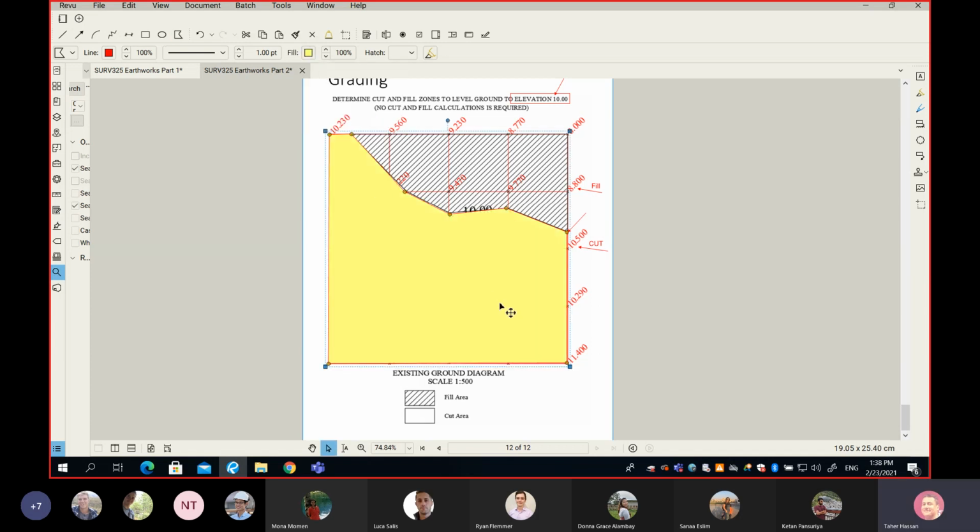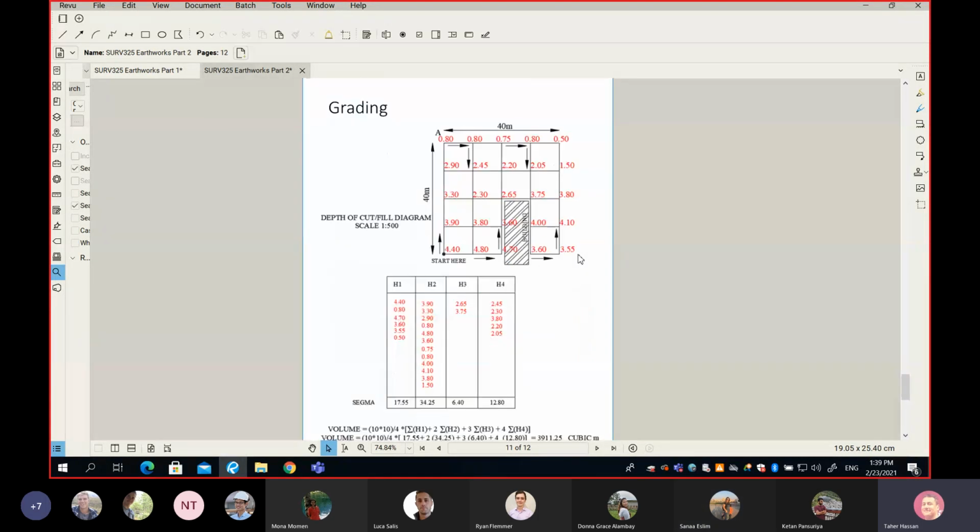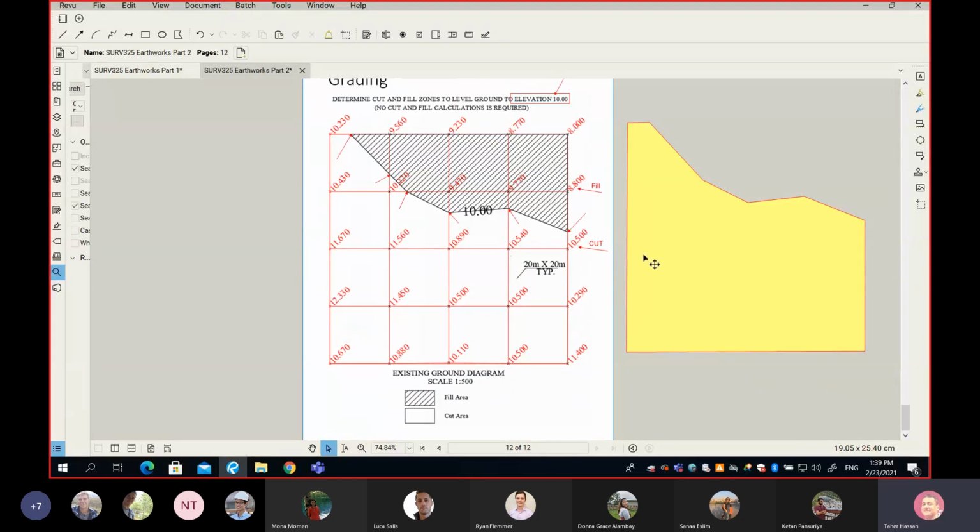Do you agree or disagree? Agree. Okay, so I'll move it to the side. Can we find this volume using the method I taught you here? Please tell me yes or no. Can I find this total volume in one shot using the method I taught you? Think before you answer, please. Can you do that in one shot?